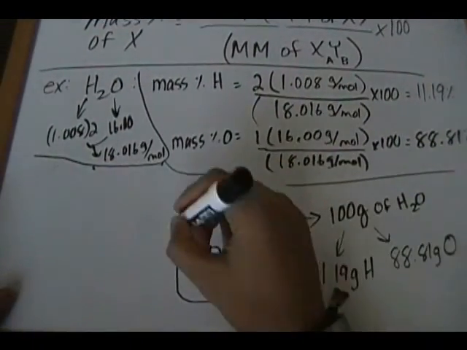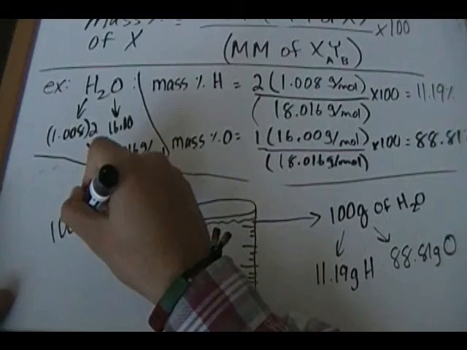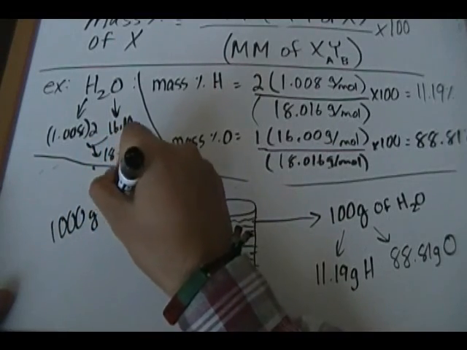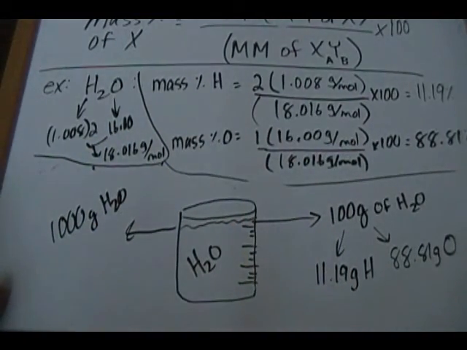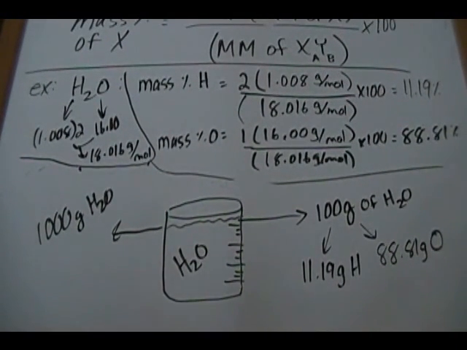So we could apply the same reasoning and same thinking. Let's flip this up a little bit. Let's say we have a 1,000 gram sample of water. What is the mass of oxygen and hydrogen present in this 1,000 gram sample? Now we know the mass percents, and if we know those, it will make our life extremely simple. So what is 11.19% of 1,000?